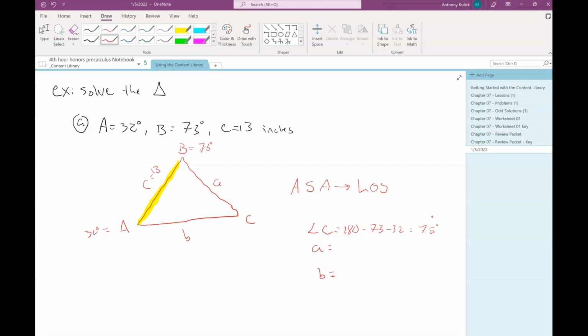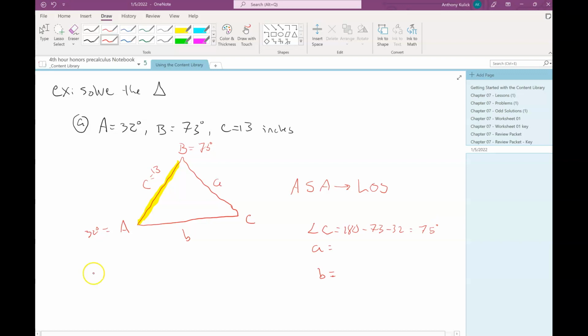Now, for the law of sines, that's sine A over A, sine B over B, sine C over C, I need a situation where I know both the angle and the opposite side. Which is the situation where I know both the angle and the side?